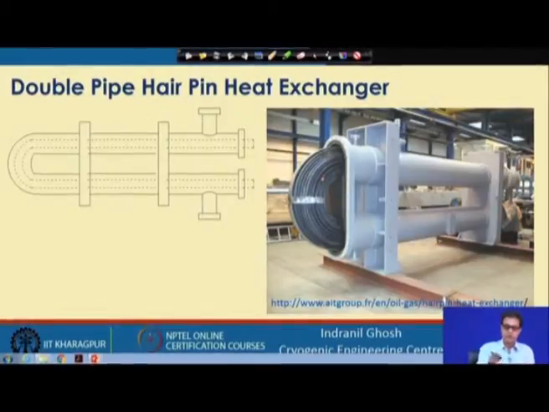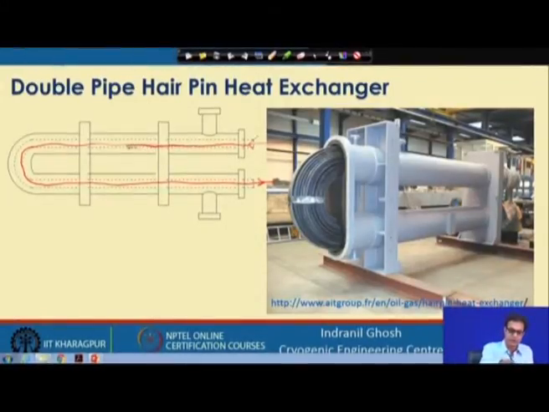If we look at it schematically, one fluid will be entering from this end, flowing through this inner tube from this end to this end, and it will come out from this side. This is one of the fluid streams. The other fluid stream will come from this end.